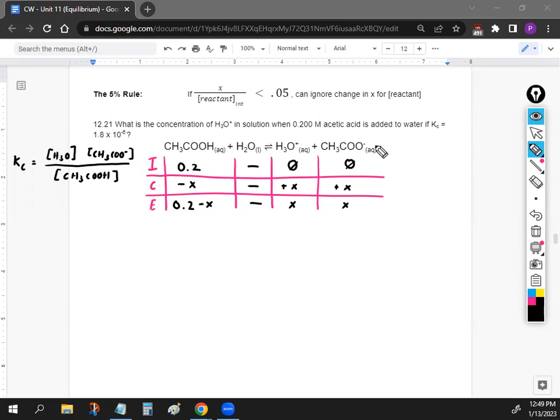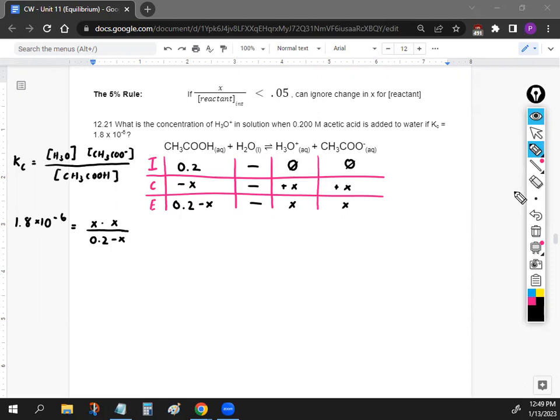All right, so we can plug in some numbers now. We have the equilibrium constant right here, so 1.8 times 10 to the negative 6 is equal to x times x, divided by 0.2 minus x.